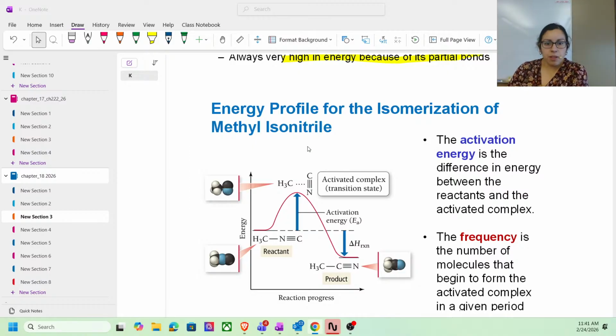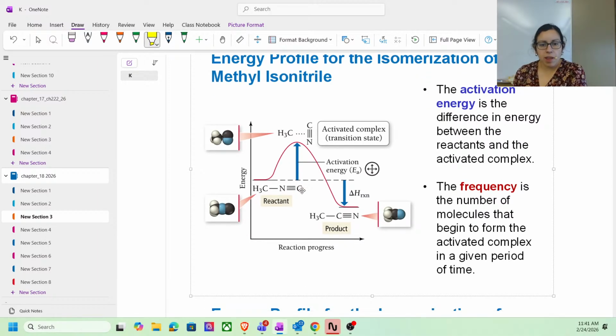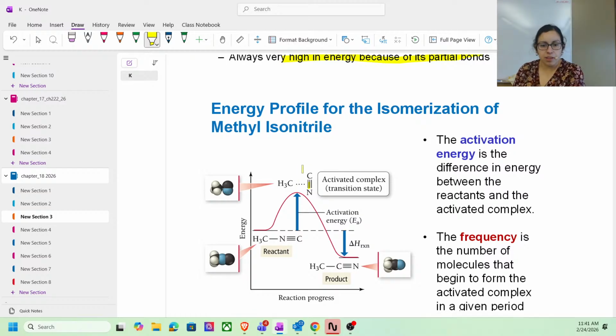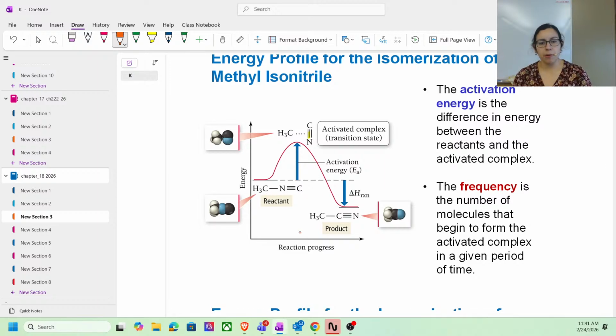But what's pretty cool, and this goes back to our MO chapter, is you can have these interesting ways for these complexes to bind and flip. This isonitrile group does this. Just comparing reactants and products before we get into what happened, notice initially it's bound by our nitrogen to our methyl group.